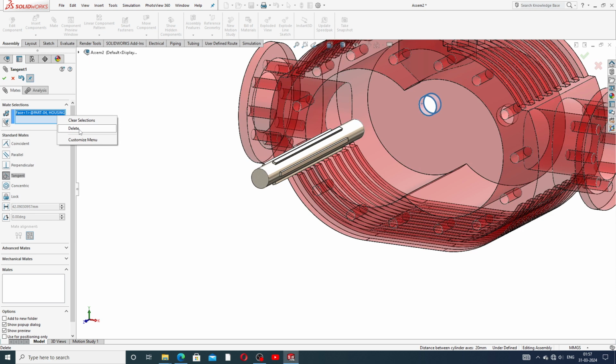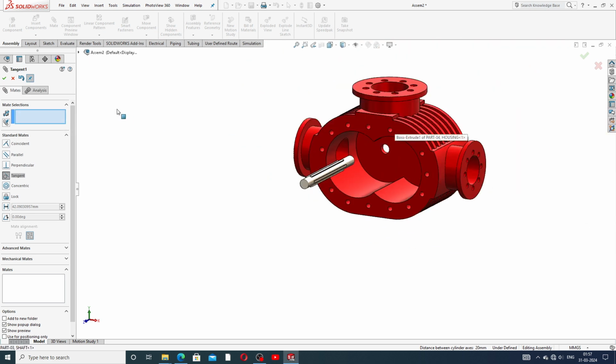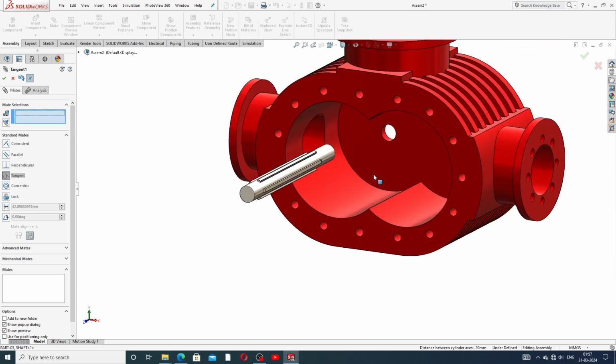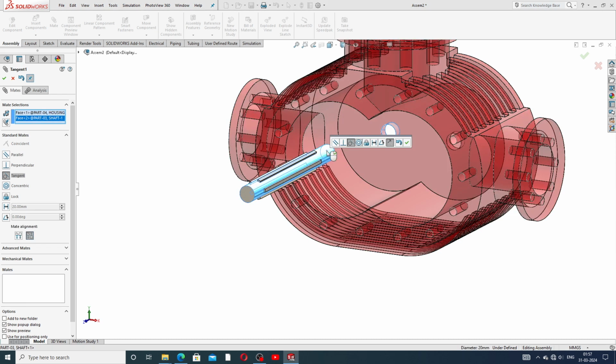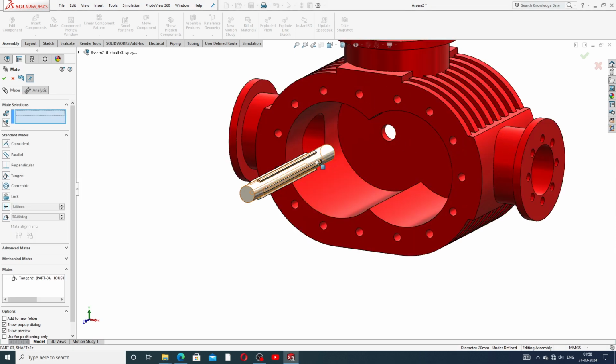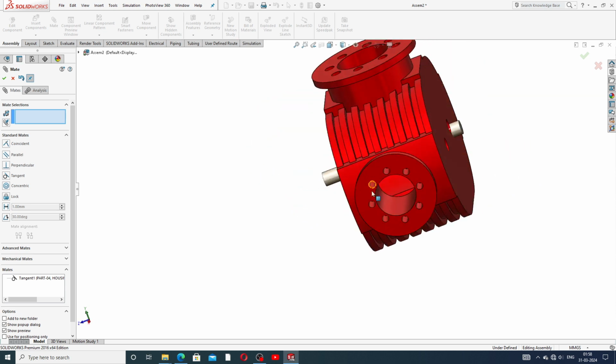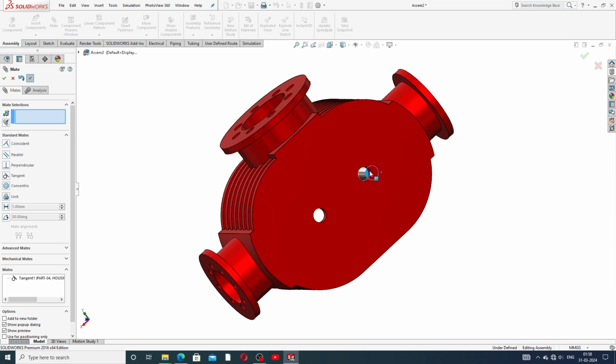Delete this here, then select this body, go to this face and this body, go to tangent and click OK, and this is tangent here. Okay, this relation is tangent here.